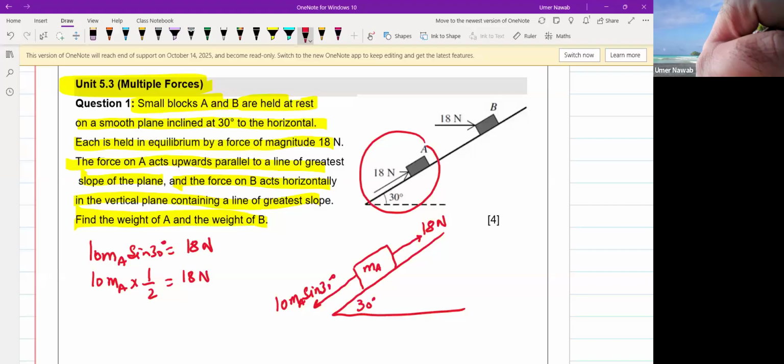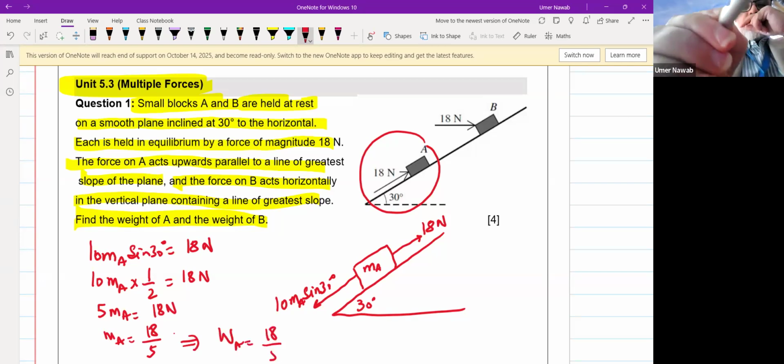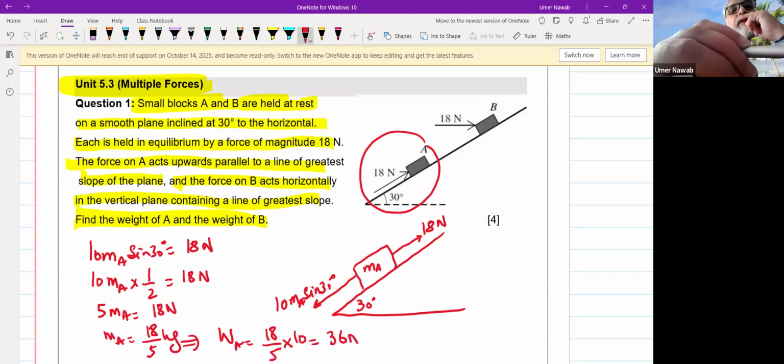He said 18 newtons is applied. So 5 MA equals 18 newtons, and the mass is 18 over 5. But you remember that we need to multiply by 10. So the weight of A is 18 over 5, which is in kgs, times 10. So my answer is 36 newtons, the weight of A.